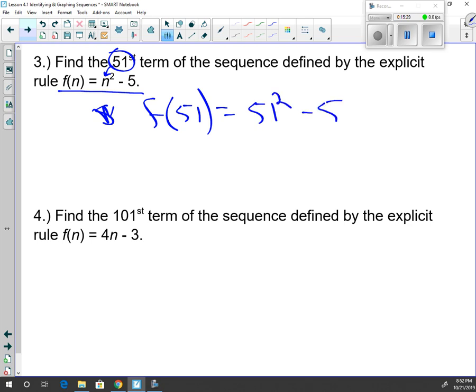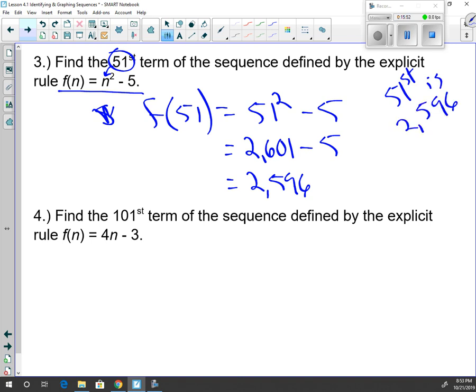That's going to be a really big number. 51 squared is 2,601, and I'm going to take that and subtract 5. When I subtract 5, I get 2,596. So what I can say is that the 51st term is 2,596, right?